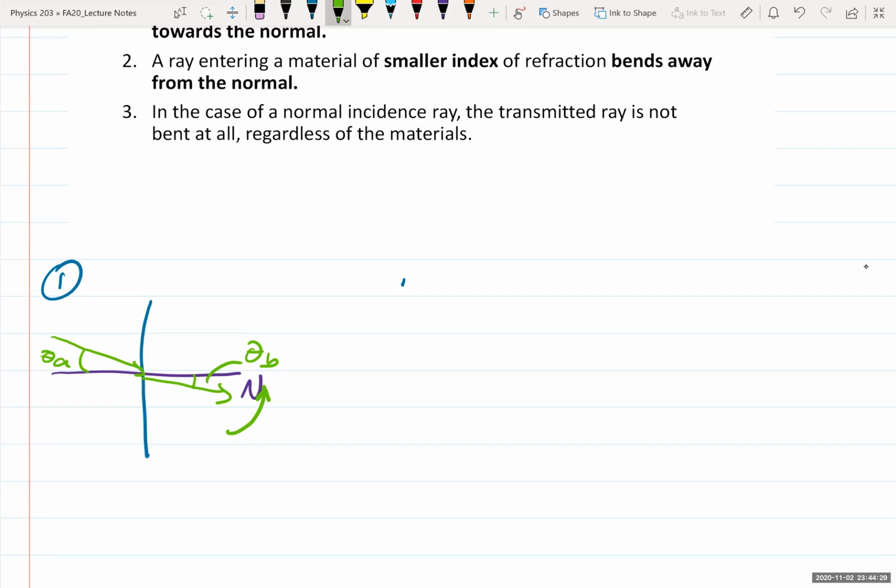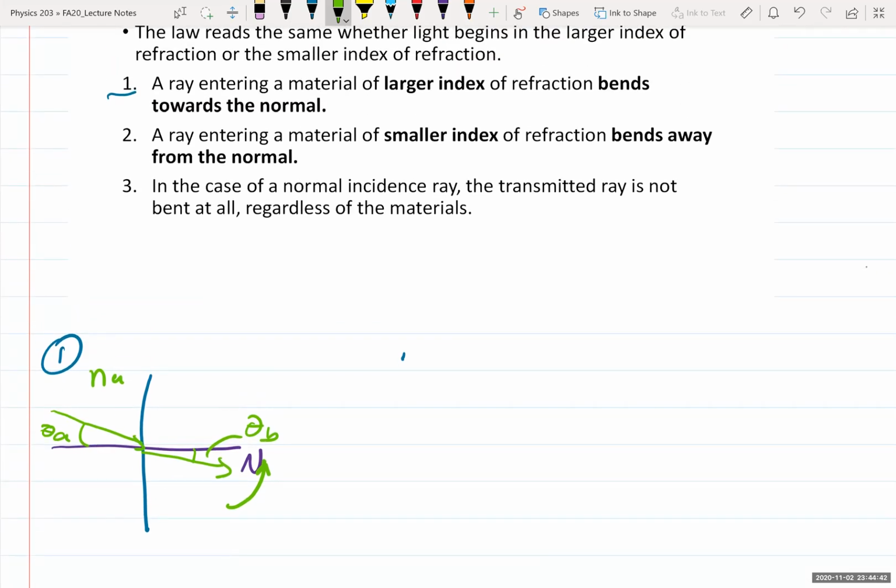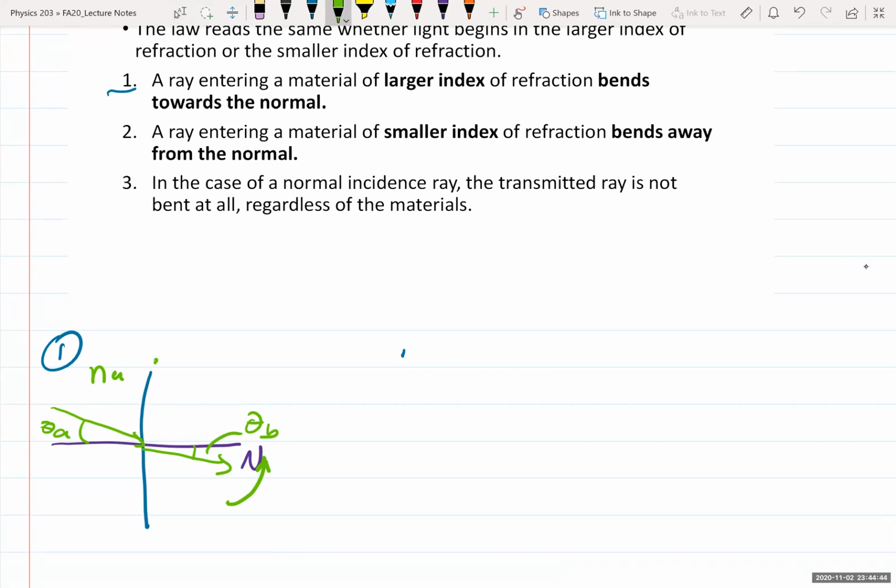Case number two, a ray entering a material of smaller index of refraction bends away from the normal. So again, here's my boundary. This is my normal.